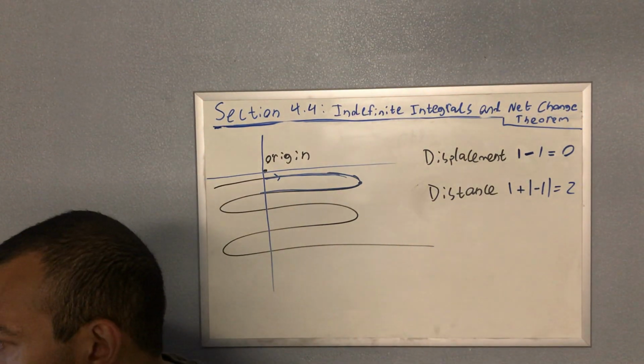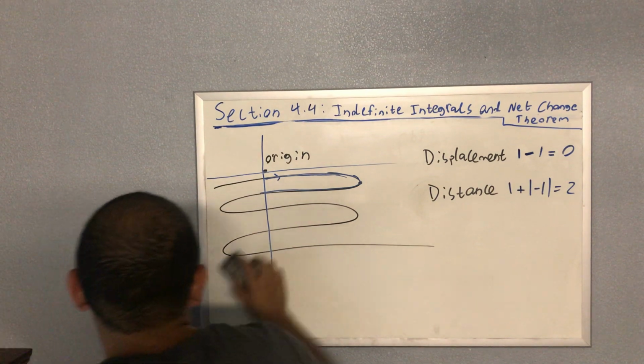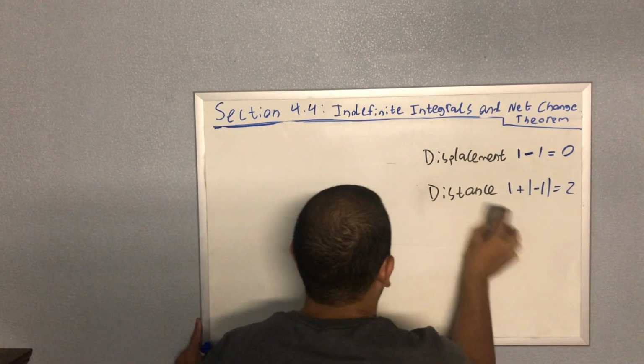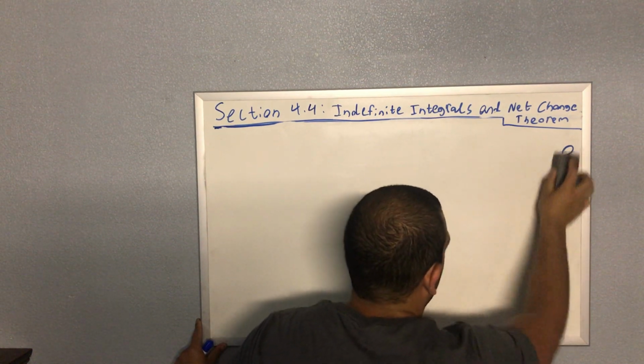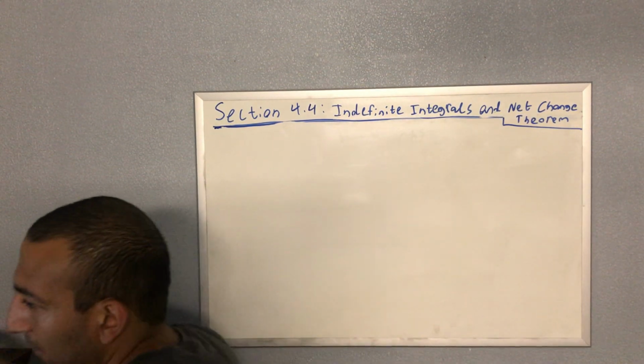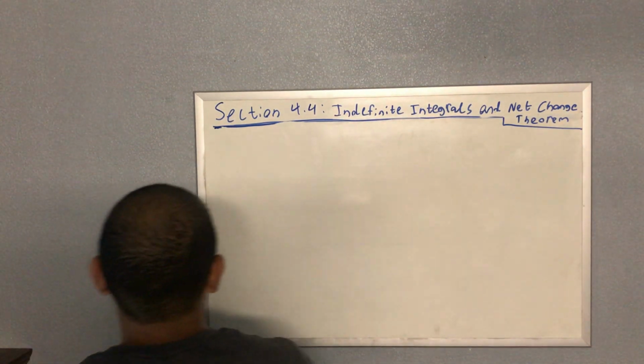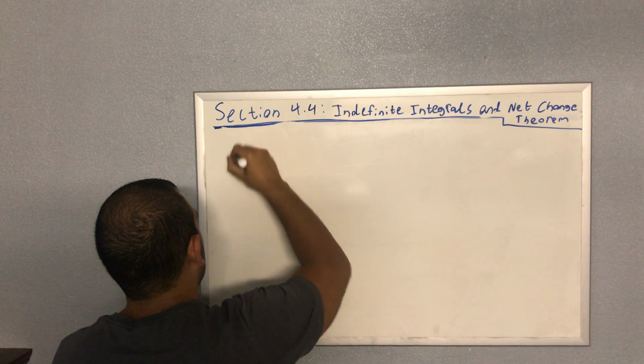So what we can do is, as we discussed last time, this tells us that if we do have a particle or something traveling, the net change theorem will tell us this.